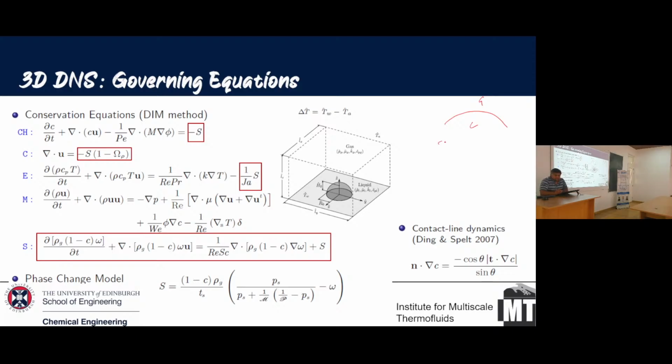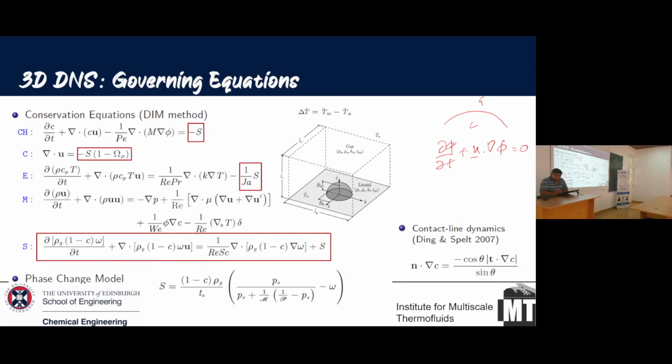It is something like del phi by del t, phi being the interface, plus velocity dot grad phi equals 0. This is for level set, where phi is the distance function from the interface.